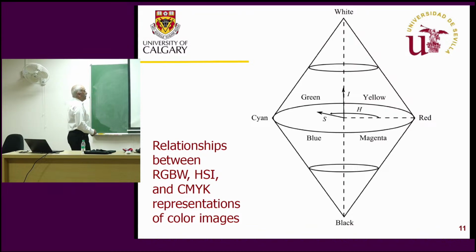Now it is better perhaps to represent using the dual cone model here, where HSI values are used. Here, intensity is this vertical axis, going black to white. When there is no light, you can't see color. So no point in showing this. You could also show this as a cylinder if you want.